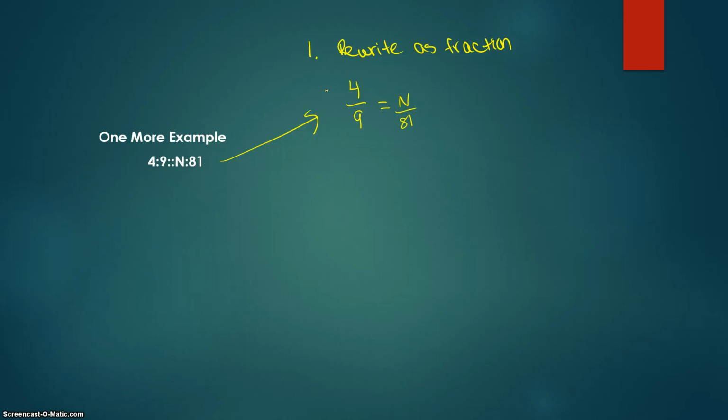We write that as a fraction. Step 2, we're going to cross multiply. So 4 times 81 equals 9n. That's our cross multiplication, right?